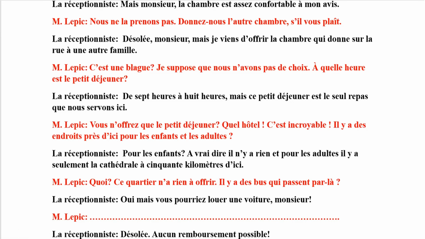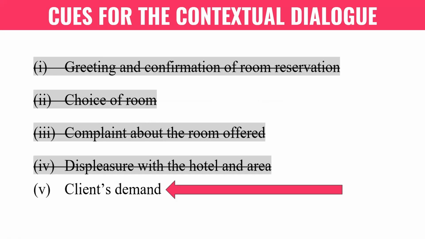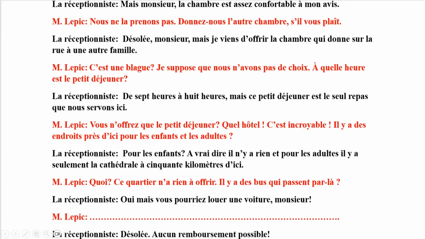So before giving a response, first let's refer back to the cue and see what information needs to be added. So this last cue says client's demand. The receptionist says, sorry, no refunds are possible.